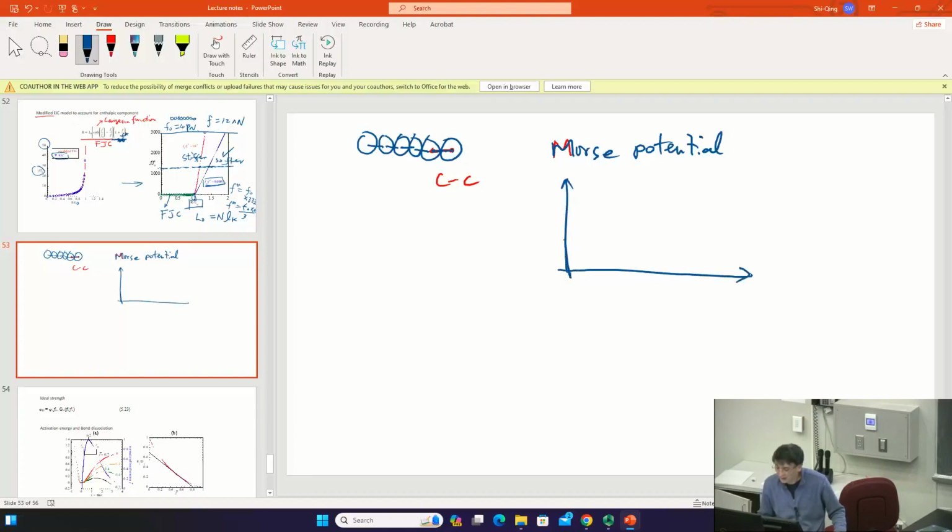Basically, this bond is in a potential, it sits there with a huge barrier to cross. So that barrier, we call it dissociation energy barrier, DE.